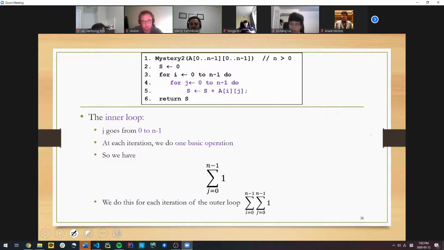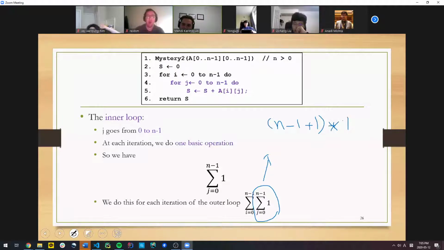So what is the answer now? We already did this in class last time, where we solved from inside out. For this one, it's n minus 1 plus 1 times 1, so it's going to be n minus 1.